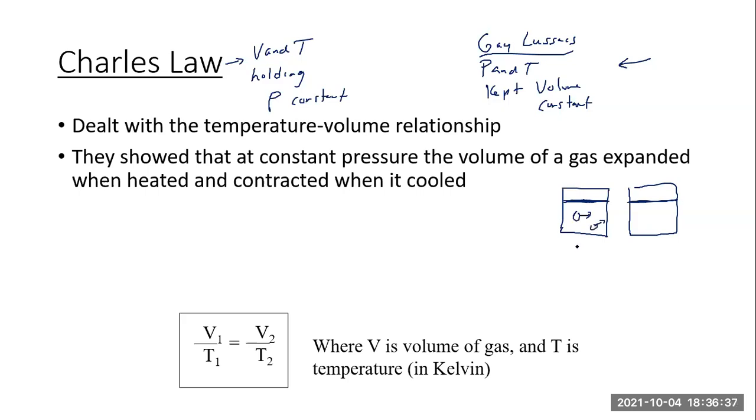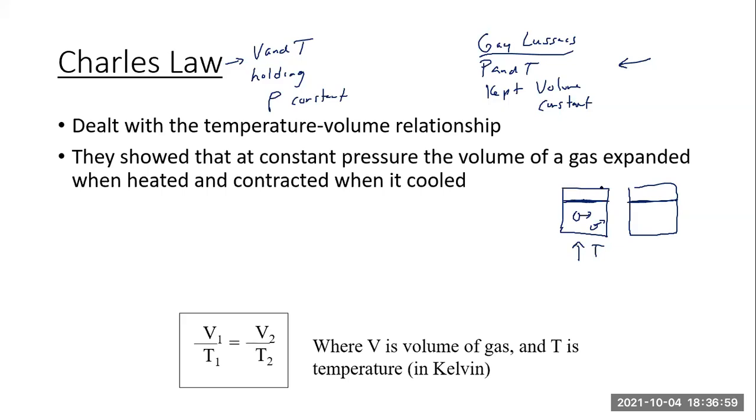If I increase the temperature of the gas molecules in this first container, would we expect the gas molecules to start to fly around slower or faster? Hopefully the answer you would come up with is that if you increase the temperature, the gas molecules will gain a lot more energy.